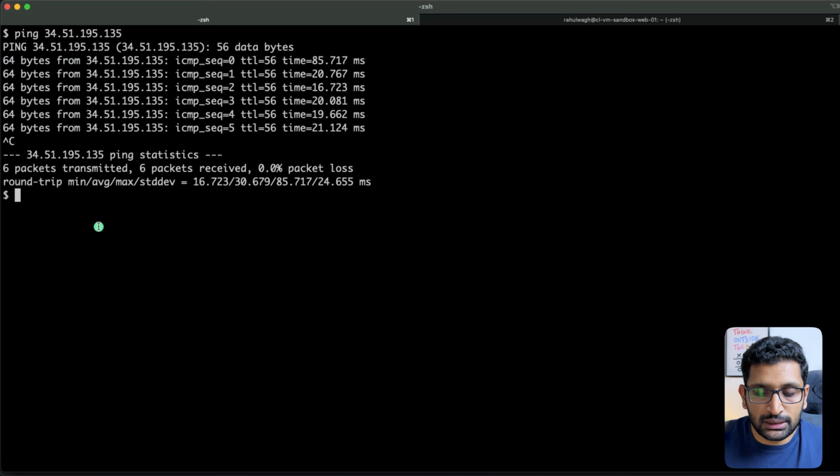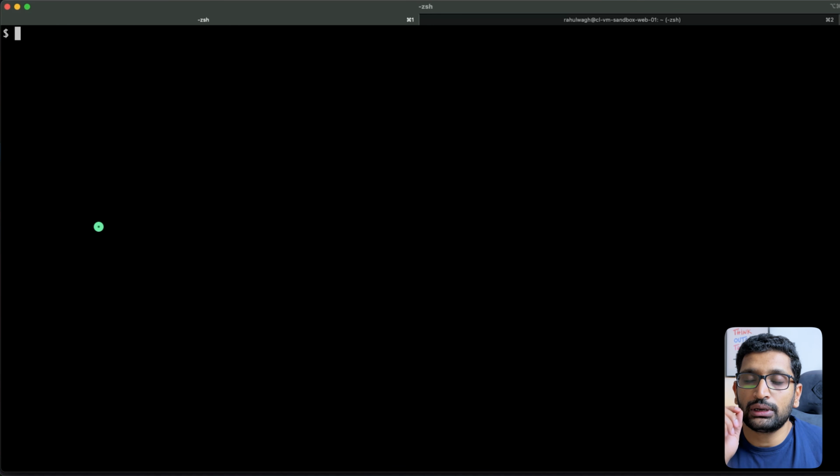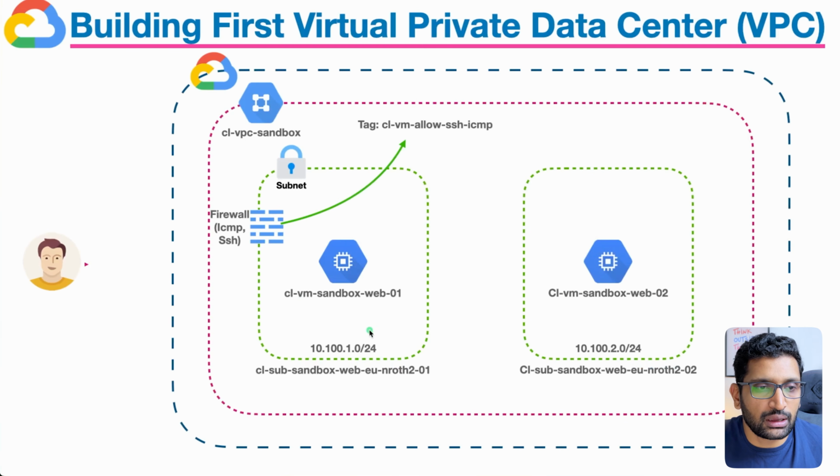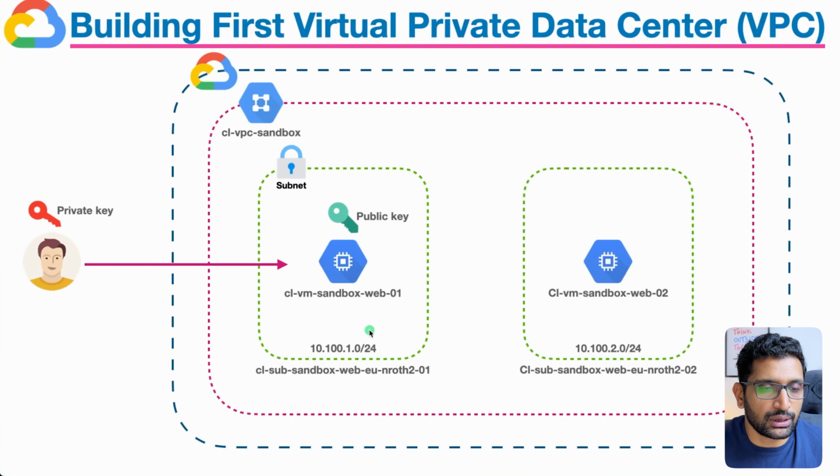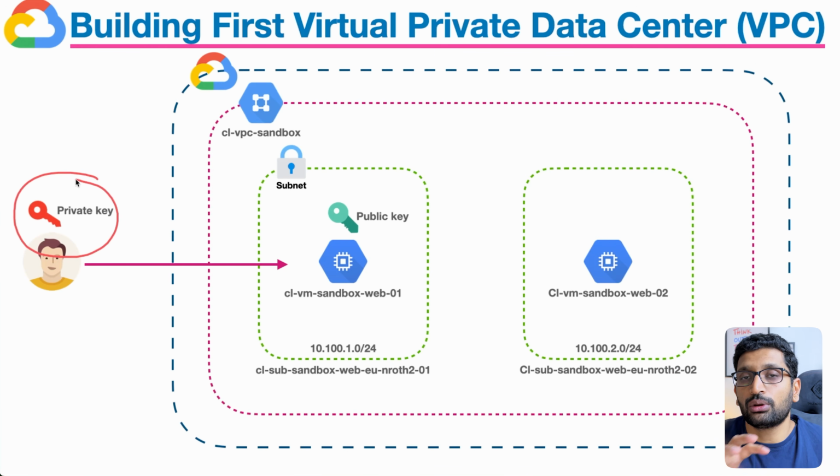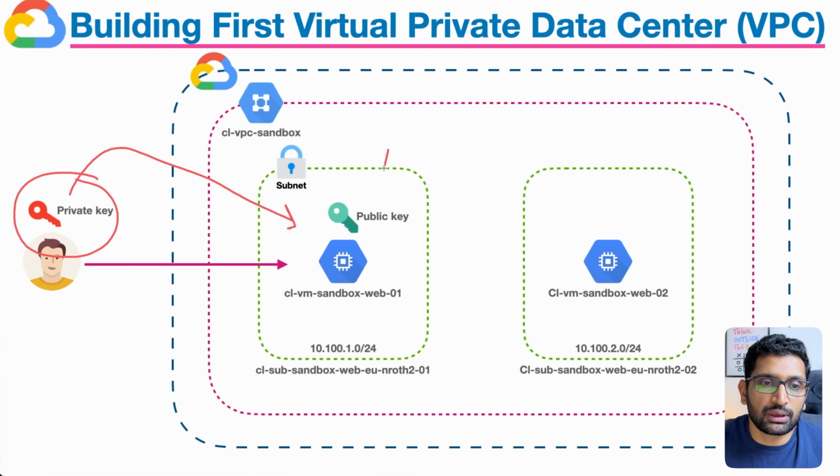Okay, the next thing which we are going to do is to test the SSH. To do that, you first need to locate your private key. Let me show you on the diagram once again, the key I was talking about. First of all, we need to check where this private key is stored on your local laptop, and using that key we are going to SSH. The public key we have already associated with our virtual machine.